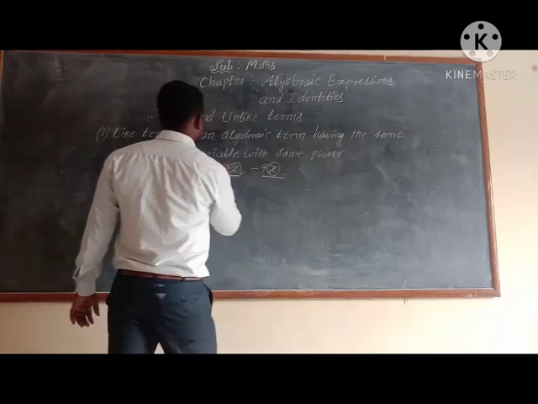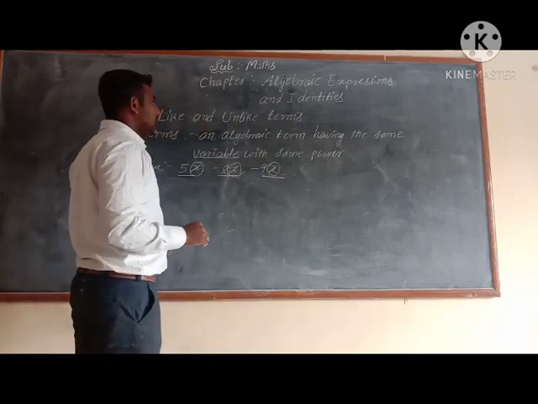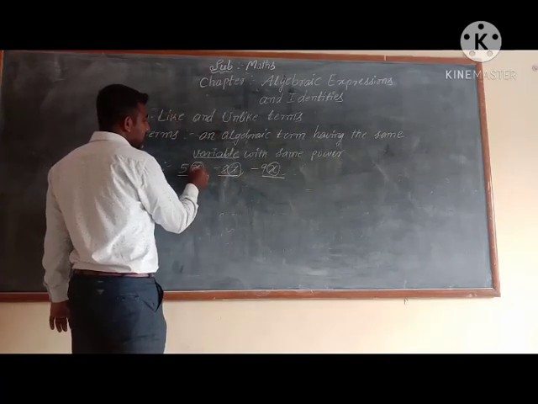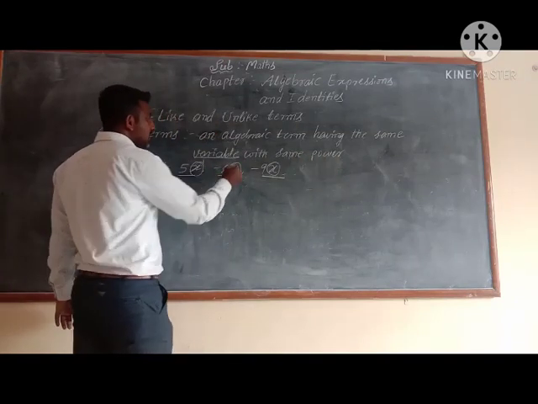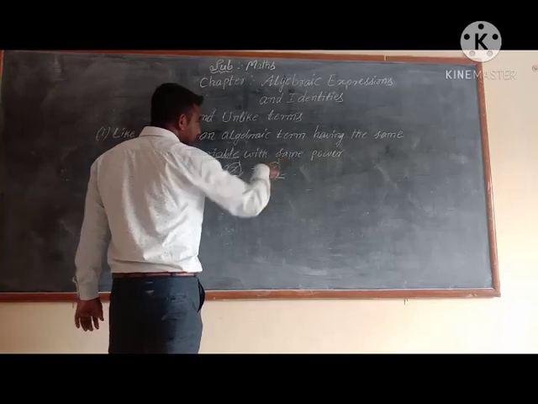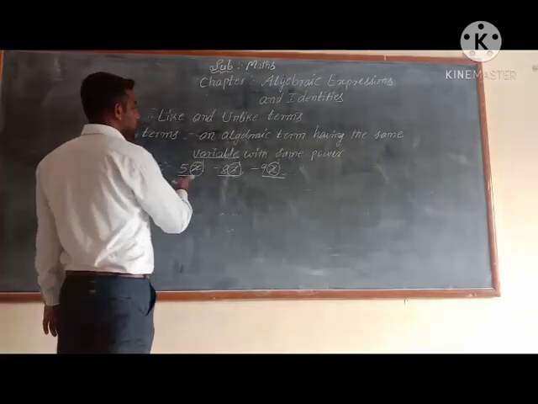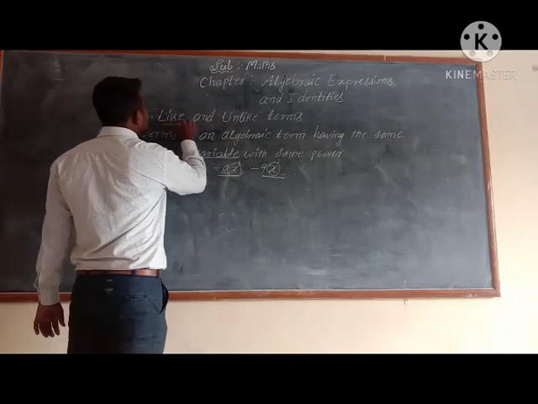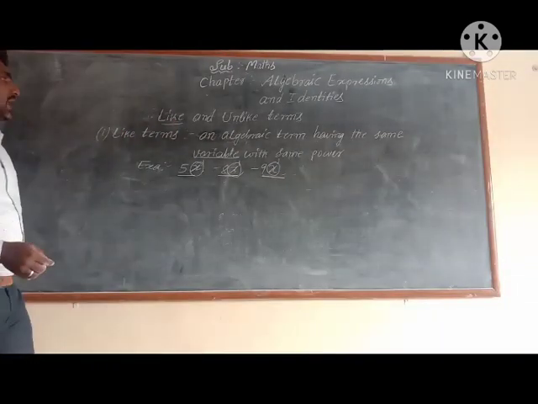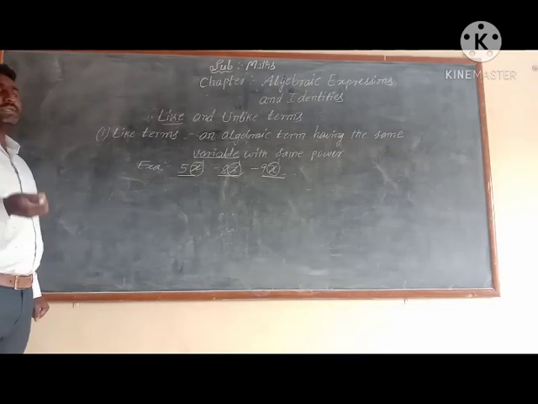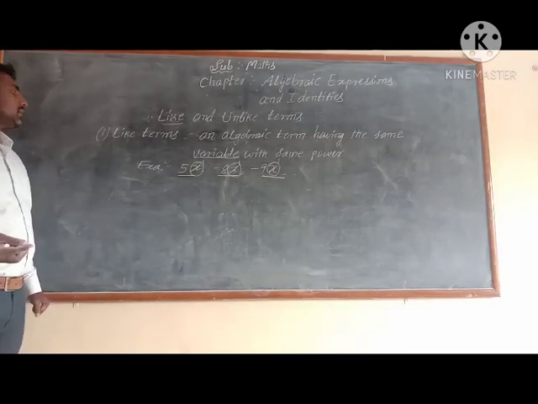The second condition is the same power: the power of x is 1 in every case. We can say these three terms are like terms. Algebraic terms having the same variable with the same power are called like terms.